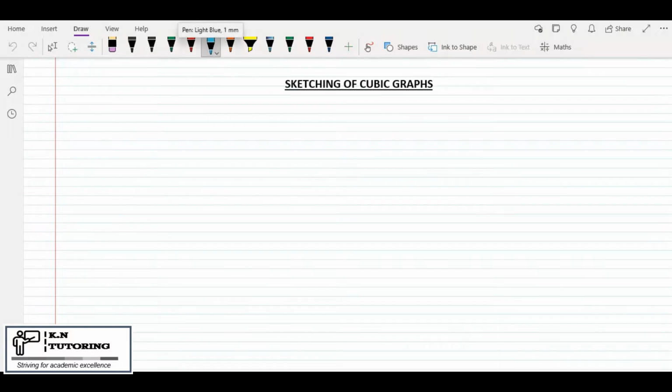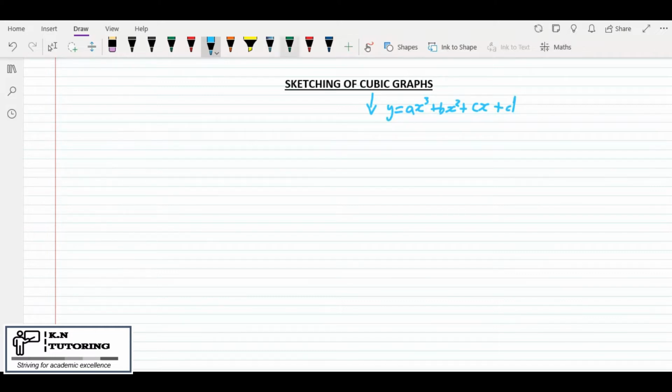What do we mean by cubic graphs? Cubic graphs are graphs in the form y equals ax cubed plus bx squared plus cx plus d.